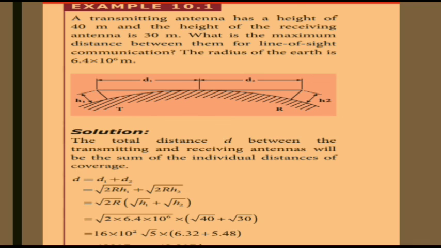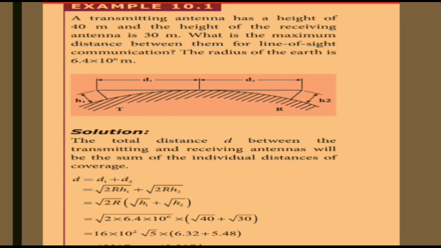and R is 6.4 into 10 power 6 meters, the radius of earth. The transmitting antenna height is 40 meters and the receiving antenna height is 30 meters. So we get 16 into 10 power 2 and root 5.